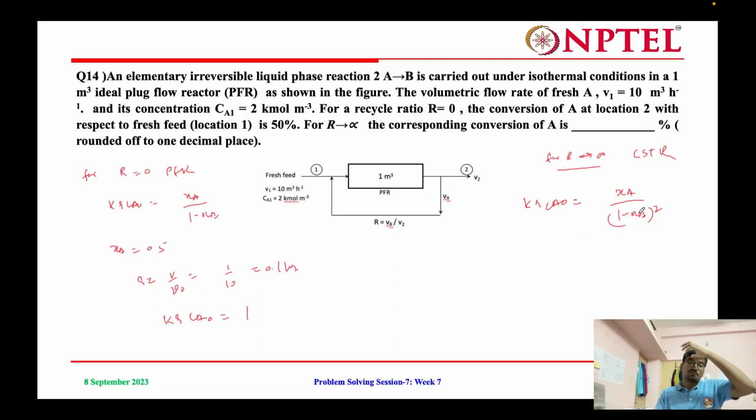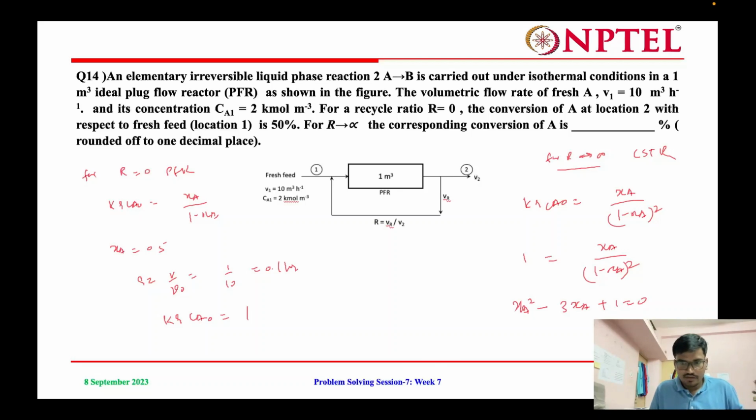This is the performance equation for a CSTR with a second order reaction. Here k tau C0 equals 1. Put this in the equation, so 1 equals XA by (1 minus XA) squared. Solve this expression and you will get XA squared minus 3XA plus 1 equals 0.